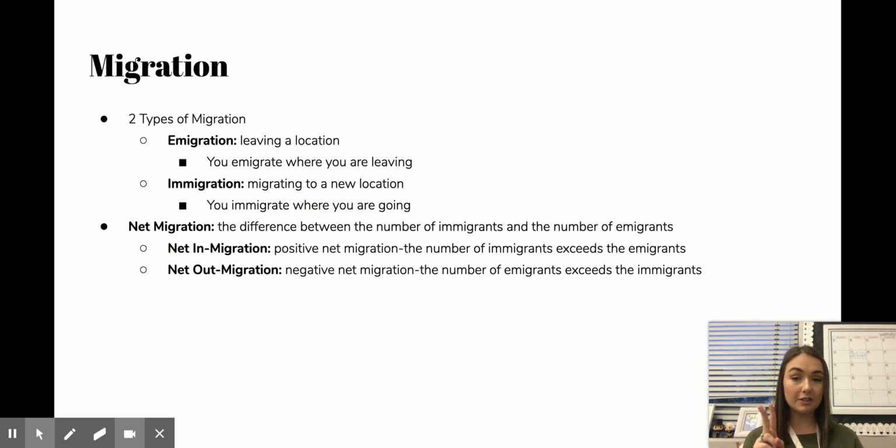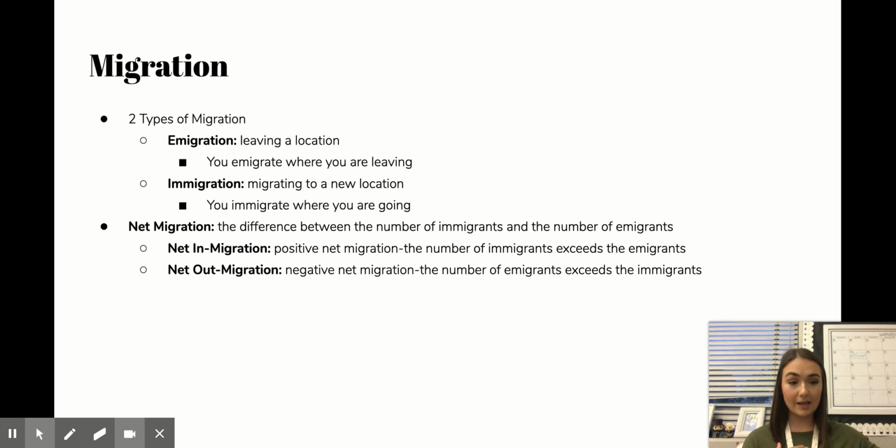So there are two types of migration. There's emigration with an E and immigration with an I. Emigration with an E is when you leave a location. Immigration with an I is when you come to a location. So if I left the United States and moved to Germany, I would be an E migrant for the United States.